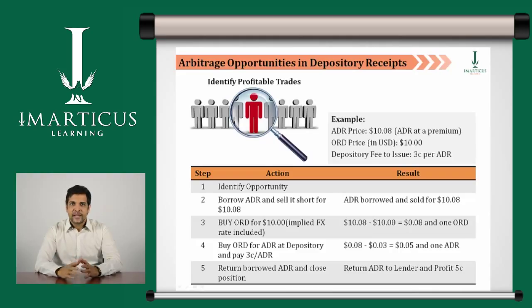Buy ORD for ADR at depository and pay 3 cents per ADR, which is $0.08 minus $0.03 comes to $0.05 and 1 ADR. Return borrowed ADR and close position, which results in the ADR being returned to the lender and a profit of 5 cents.